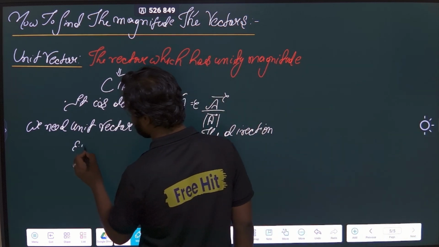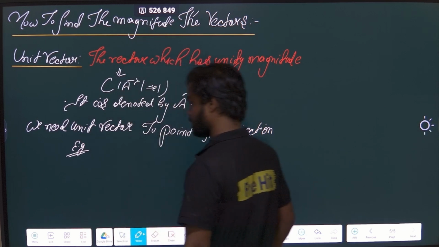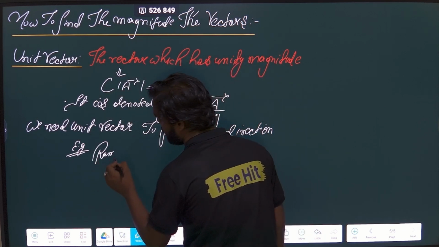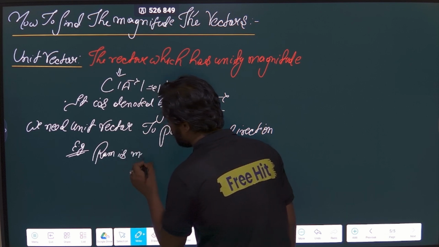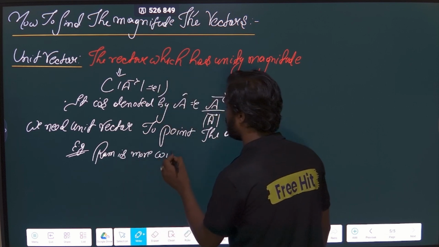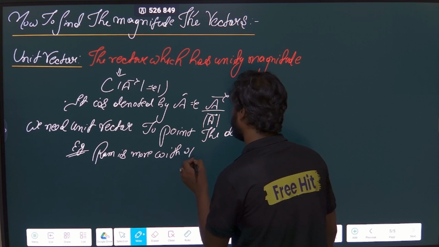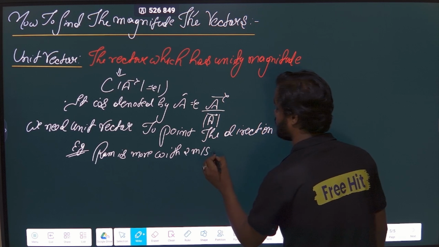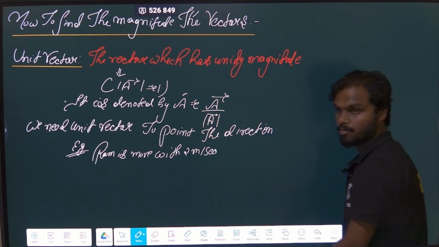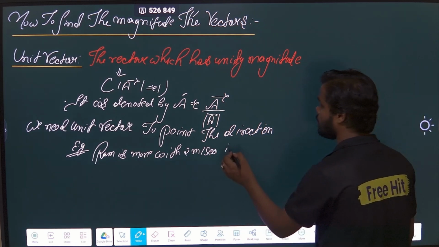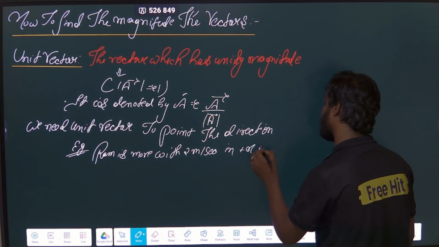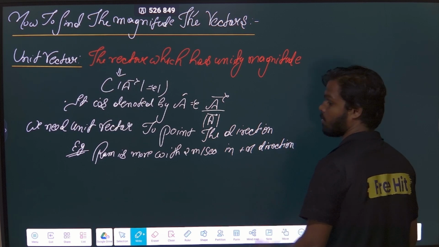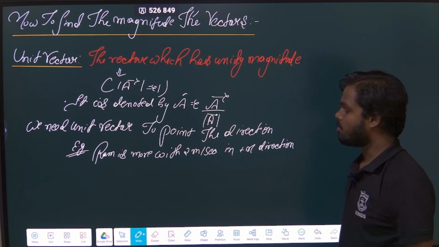Let us understand with an example, then it will be more clear. Suppose Ram is moving with 2 meter per second in the positive x direction.